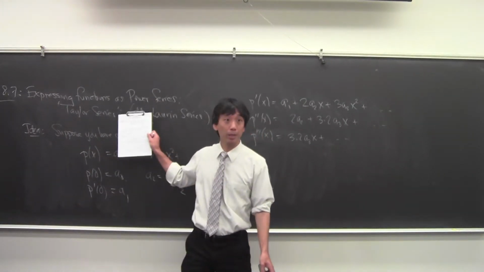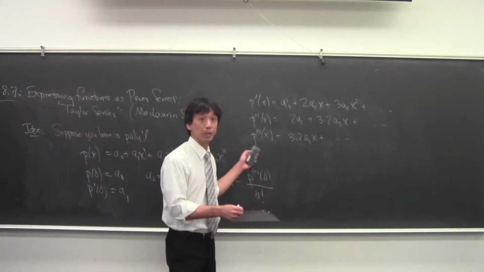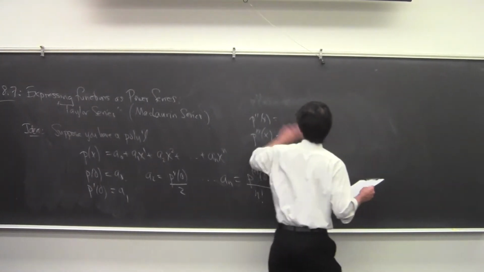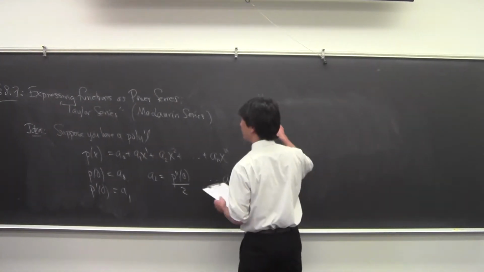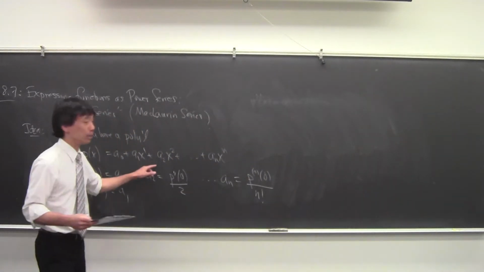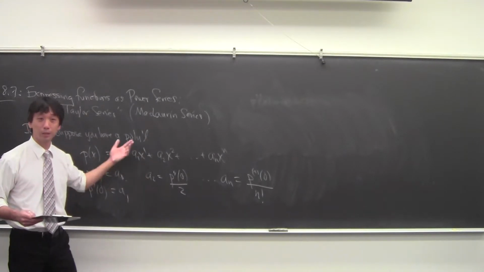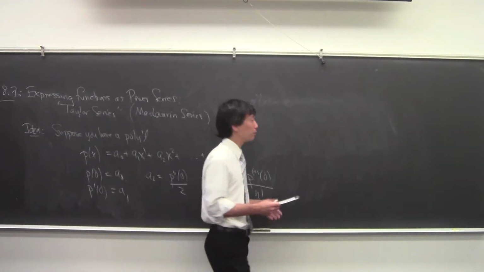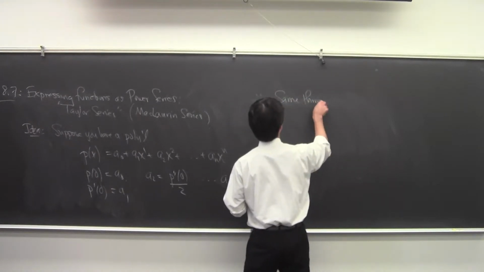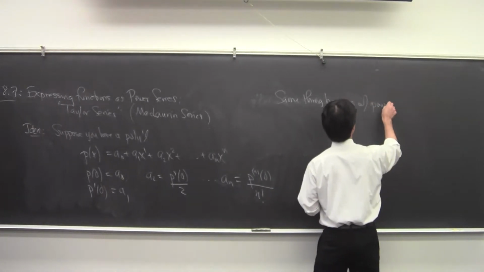So this works for polynomials, and because of the theorem that I said was so great at the beginning of class, this also works for power series. You can figure out the coefficients of a polynomial in this way, and you can figure out the coefficients of a power series in this way. So the same thing happens with power series.